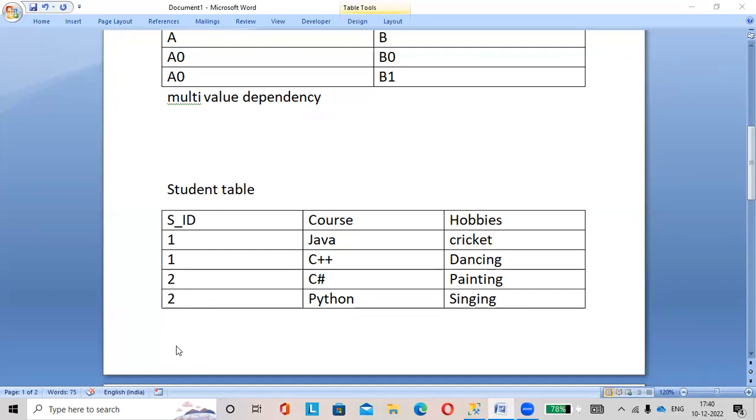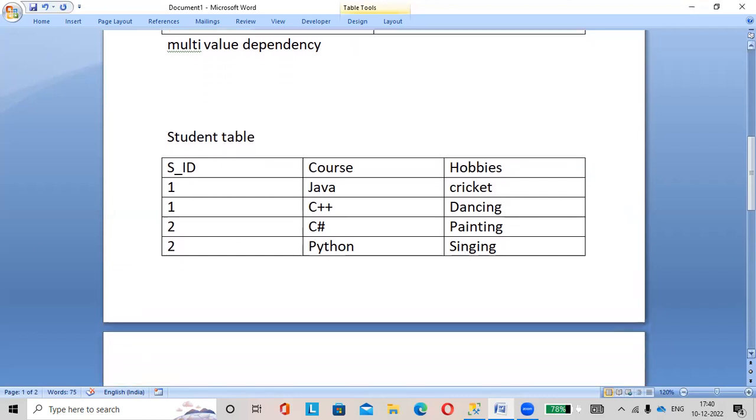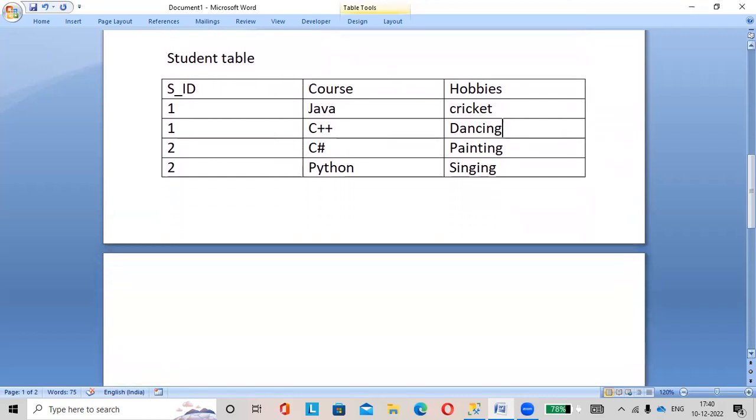What we need to do now? We need to decompose the table. Multi-valued dependency occurs due to bad database design. While fetching the information also, it will lead to problems. So how to decompose the table?